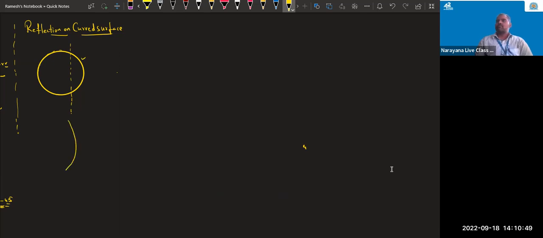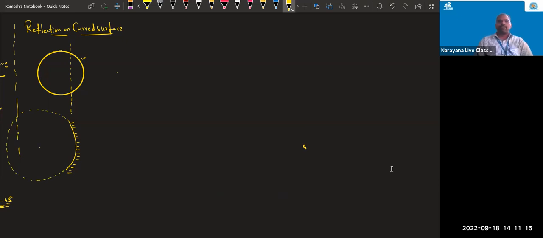You will get one spherical mirror. If the outer surface is painted or silvered with ferric oxide, then this inner surface is acting like a smooth or polished surface. It is acting like a mirror. Correct or not? If you extend these edges, again you will get the perfect sphere.